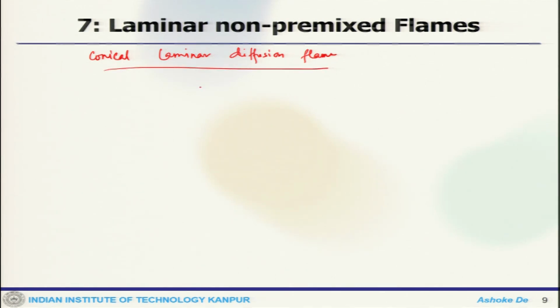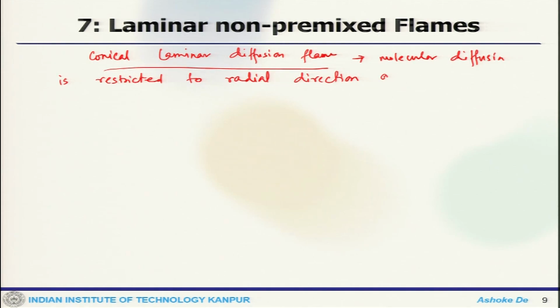So, what is considered is that molecular diffusion is restricted to the radial direction only. That is what we start off with. Basically, we take a conical flame where diffusion is restricted to the radial direction only.